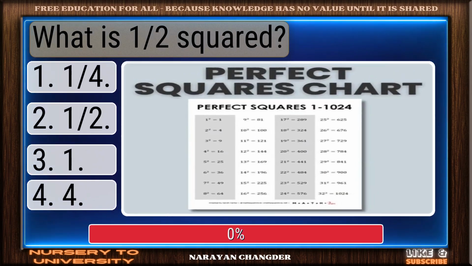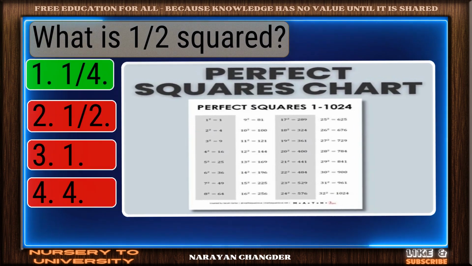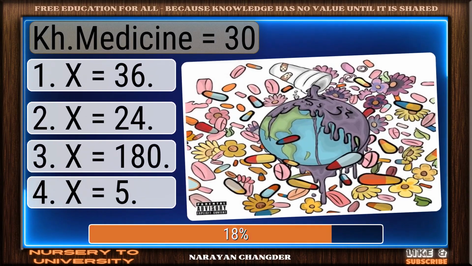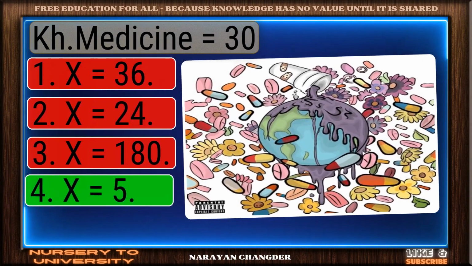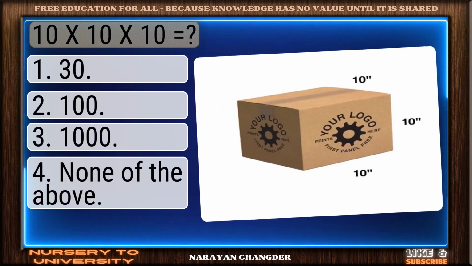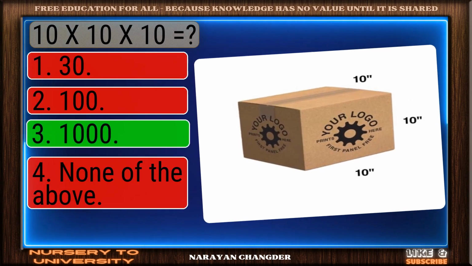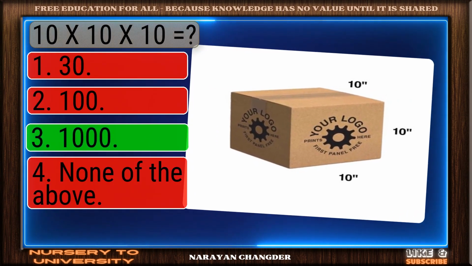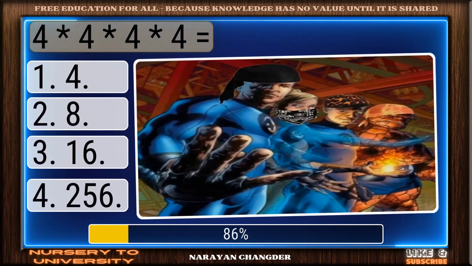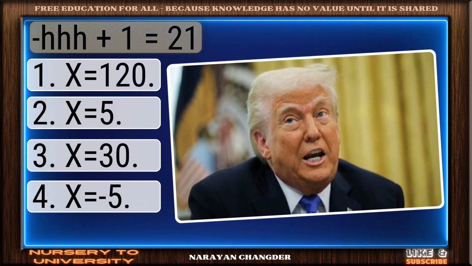What is one half squared? Clear logic. Your choice, 1 over 4, is sound and 100% true. Okay, 6x equal to 30. Well reasoned. x equal to 5 is the correct choice. 10 cubed equal to... Right again. 1000 is a valid answer. 4 squared equal to... Valid point, 256 is true. 4x plus 1 equal to 21.